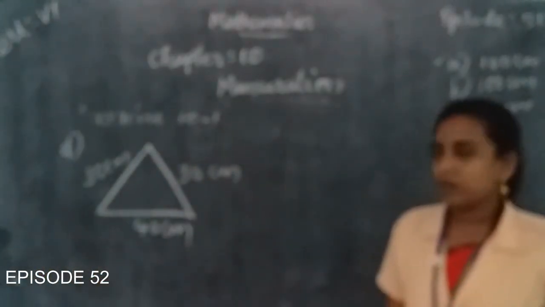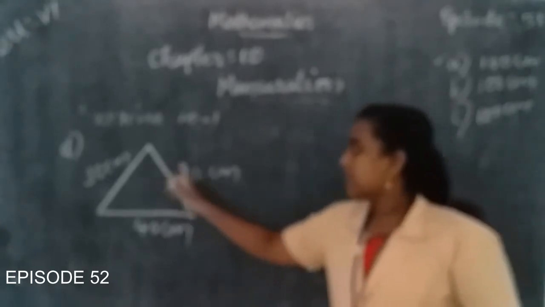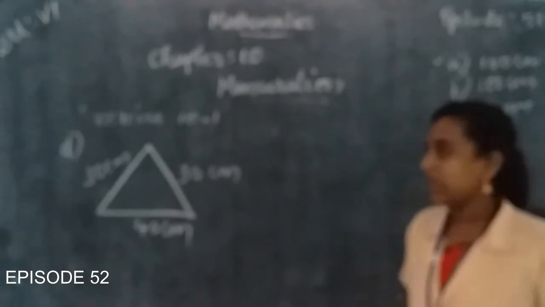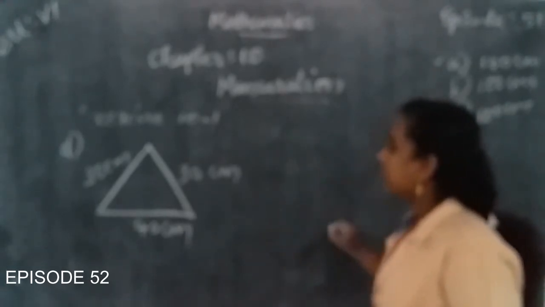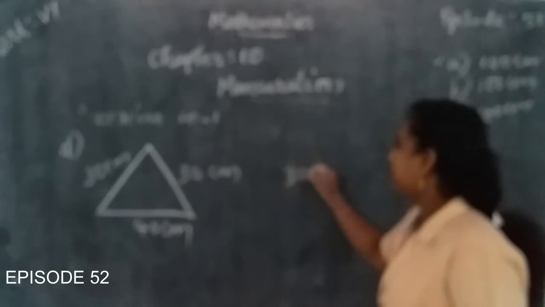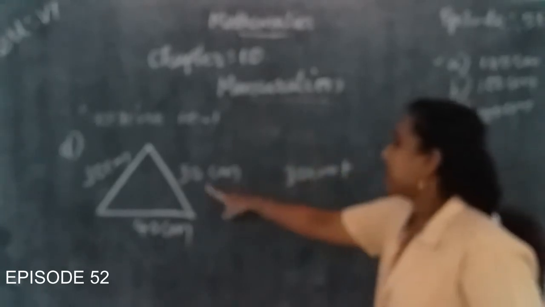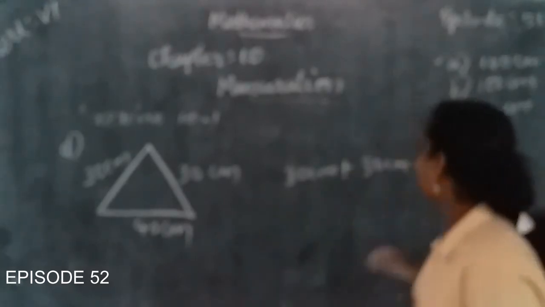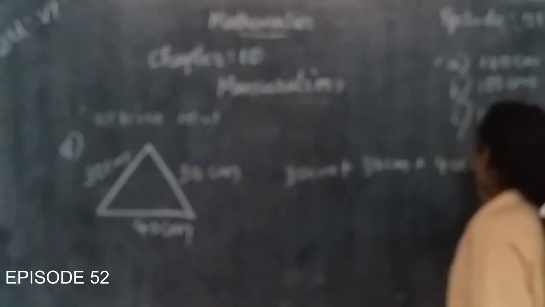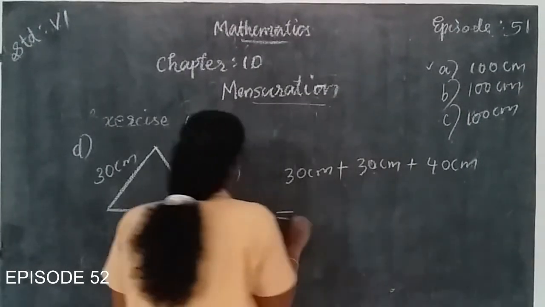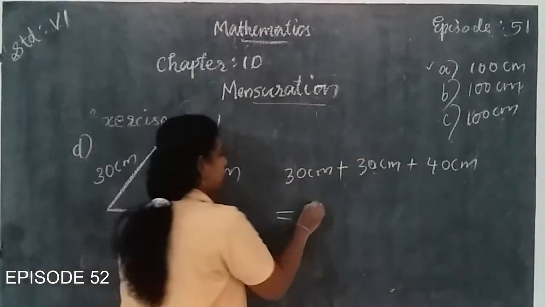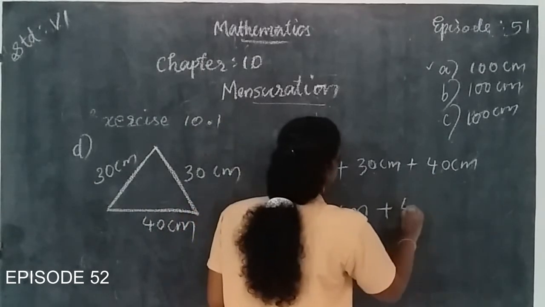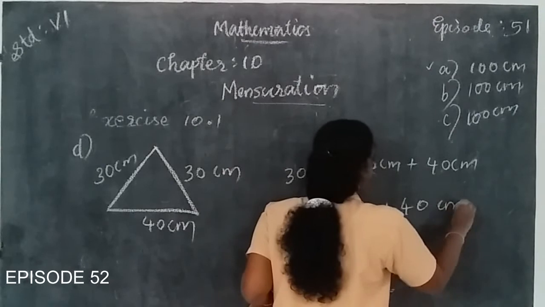To find the perimeter of this triangle, take the sum of all the sides of the triangle. The three sides are 30 centimeter plus 30 centimeter plus 40 centimeter. Then you get 30 plus 30, 60 centimeter, plus 40 centimeter.